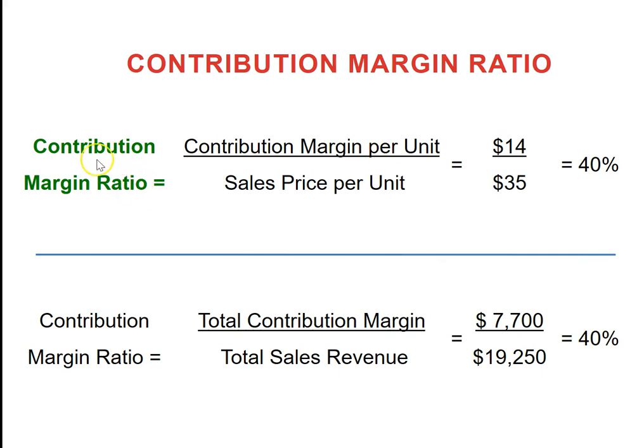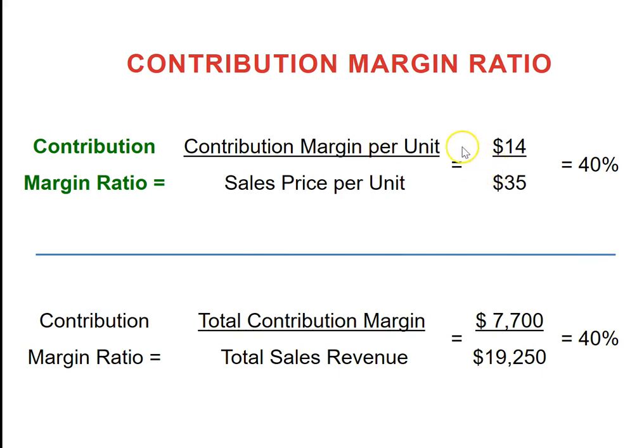So contribution margin ratio is contribution margin per unit over sales price per unit, or for a certain number of units you can use total contribution margin divided by total sales revenue. I'm repeating, you can calculate contribution margin ratio either by using per unit information or total information. We are expressing contribution margin in terms of a ratio of the sales.